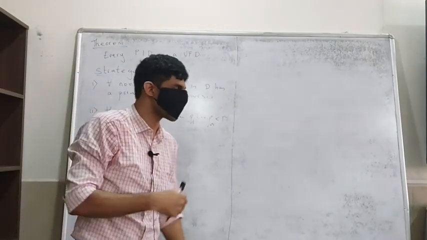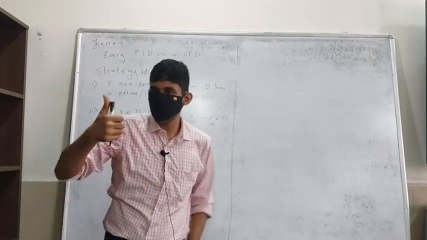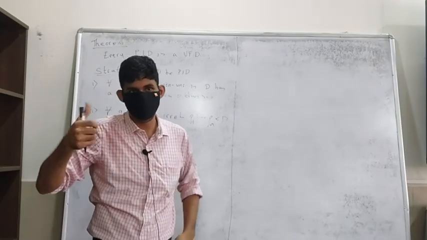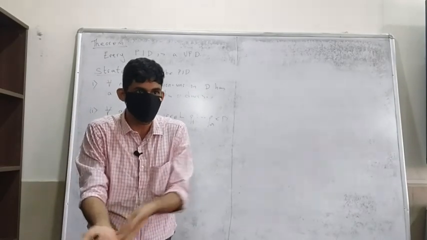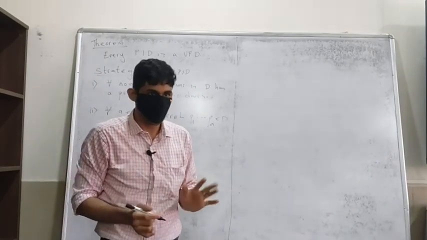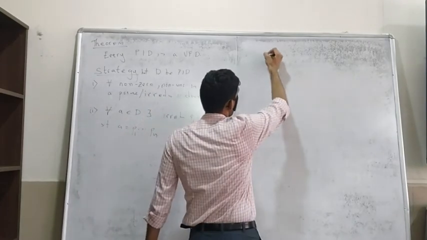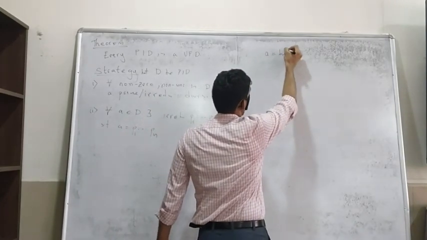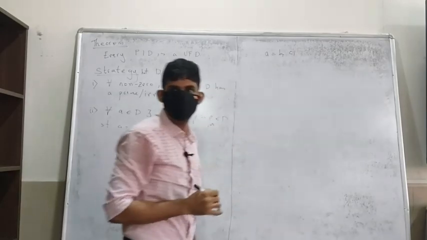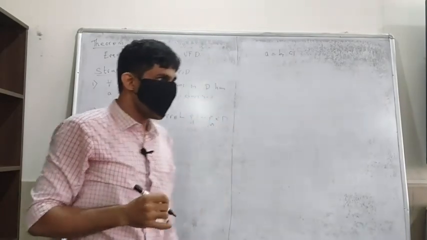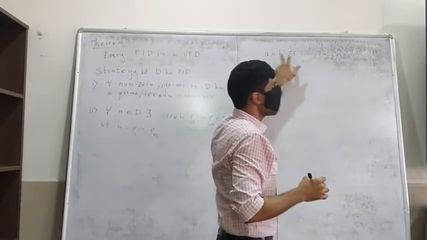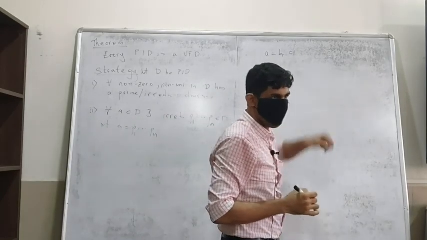I am using the irreducible thing actually. So A is not an irreducible. A has no irreducible divisor, right? So in particular, A is not an irreducible. Therefore, I can write A as a product of two non-units B1 into C1.